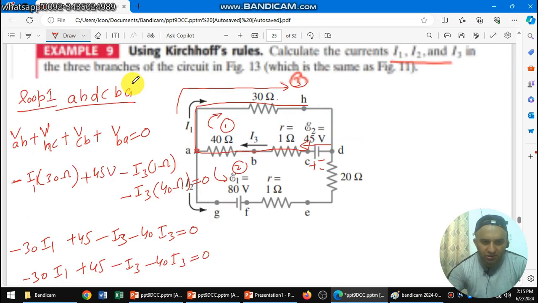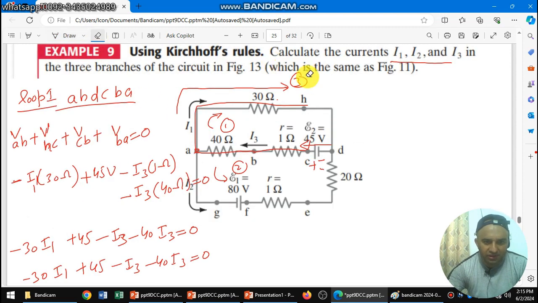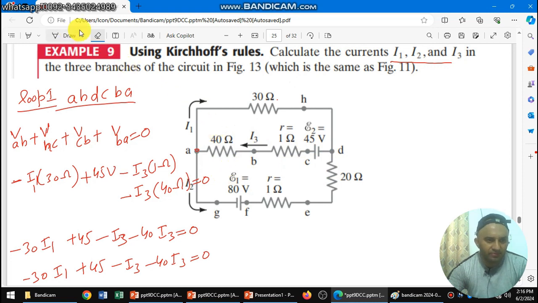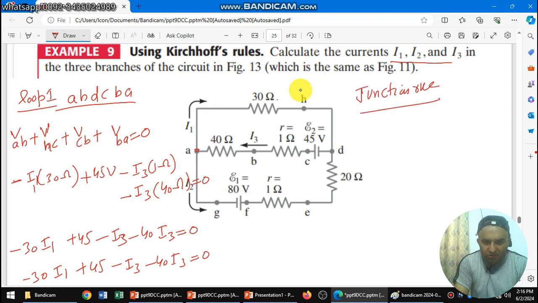Before solving this, we can also apply the junction rule first. I forgot to apply the junction rule, so we apply it here.